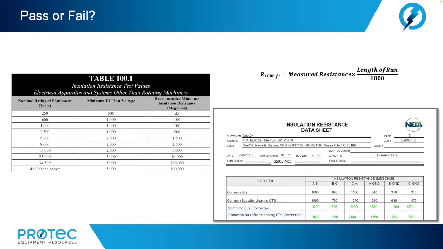And based on a 2,000 foot busway, we see that all of the measured values are well within the NETA recommendation in Table 100.1, and this busway system will have passed. Once again, we see how important it is to correct for length.